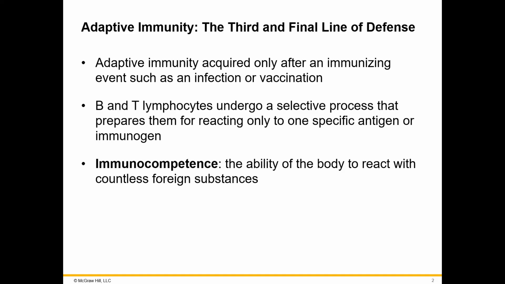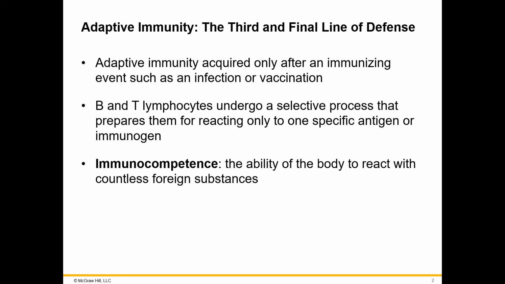Adaptive immunity is a product of a dual system, which we had looked at earlier, which has the B and the T lymphocytes. During fetal and early postnatal development, you see a selective process that goes on with these lymphocytes, and they are prepared for reacting to a particular antigen, very specific for a particular antigen or immunogen.